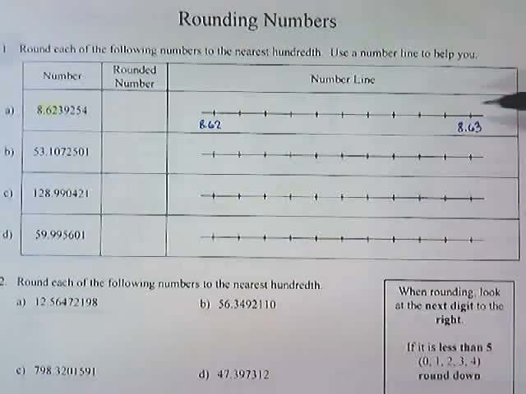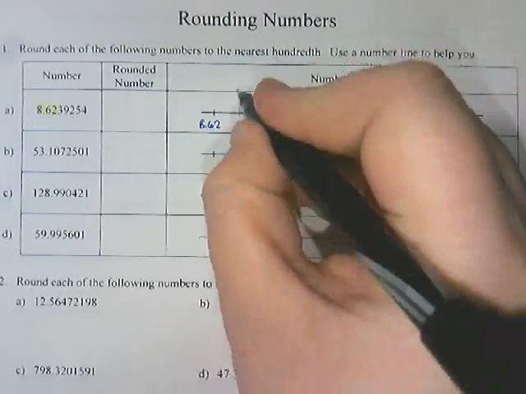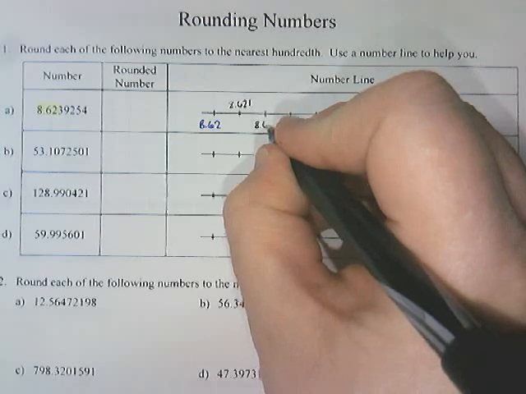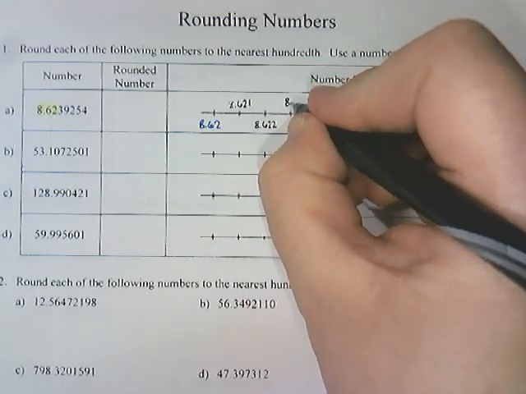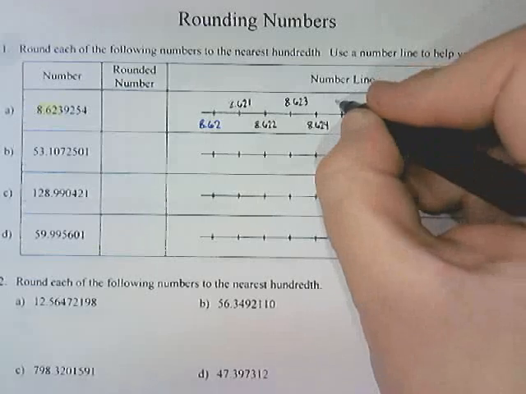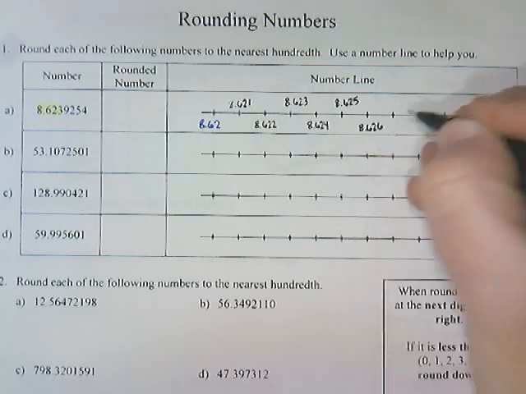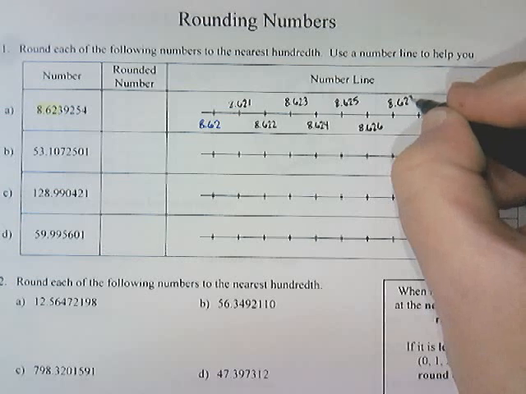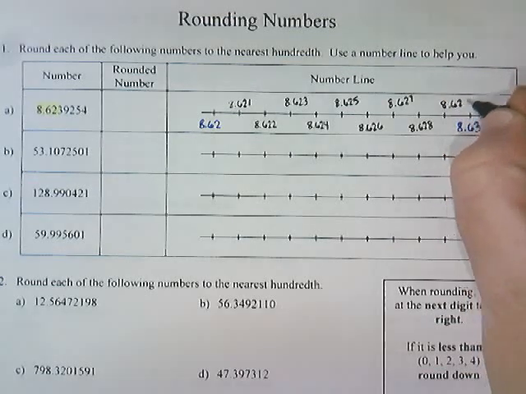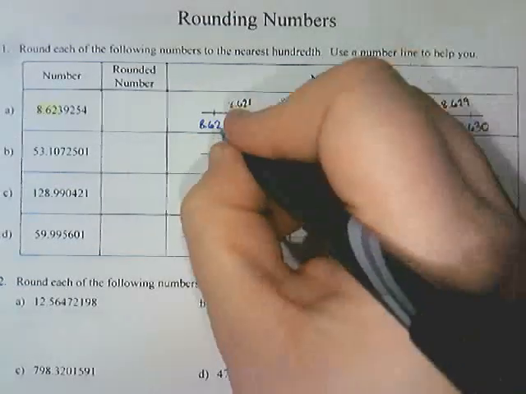Because there are 10 spaces here, we're going to be going up by 8.62, and then I'm going to do 8.621, 8.622, 8.623, 8.624, 8.625, 8.626, 8.627, 8.628, 8.629, and then this would be 8.630.